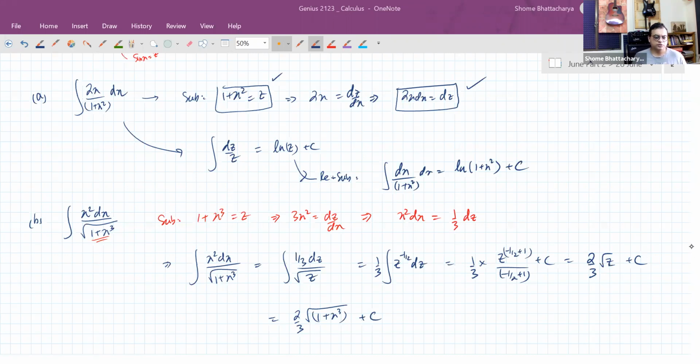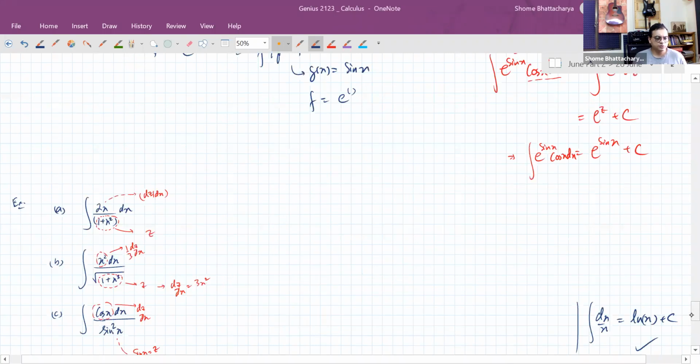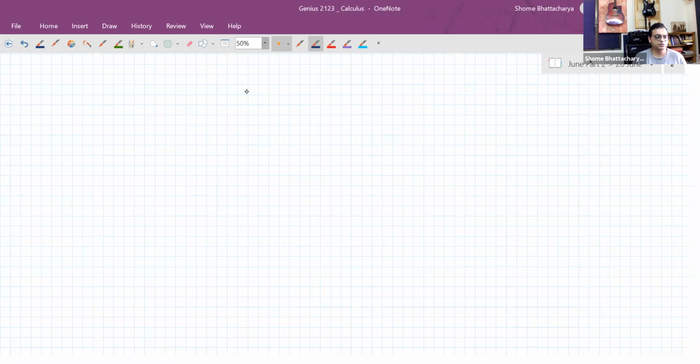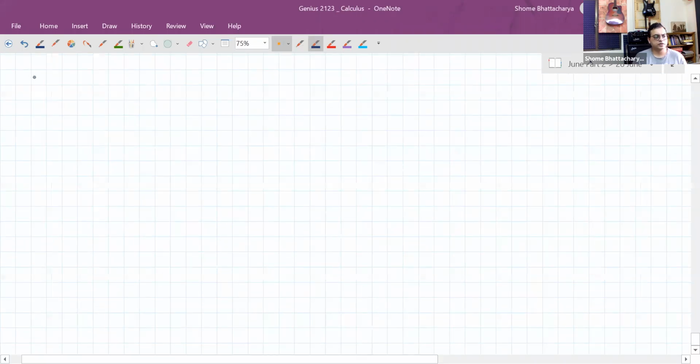All right, so let's wind up the third one. So cos x upon sine square x, it's quite easy actually. You'll see that it becomes a 1 by z square type of integration. Right?